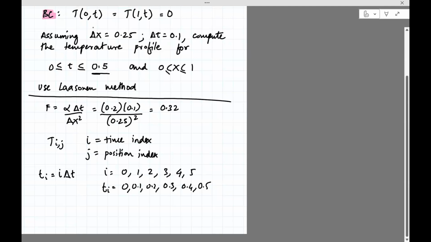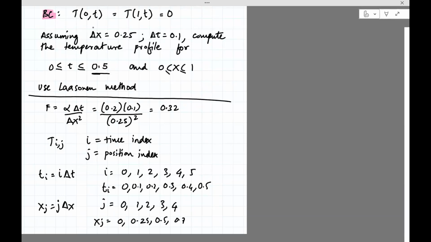We'll stop there. And then for x_j, we'll have j times delta x. So j would go, well, we need to go from 0 to 1, and delta x is 0.25. So 0, 1, 2, 3, I believe 4, and x_j would be 0, 0.25, 0.5, 0.75, and 1.0.